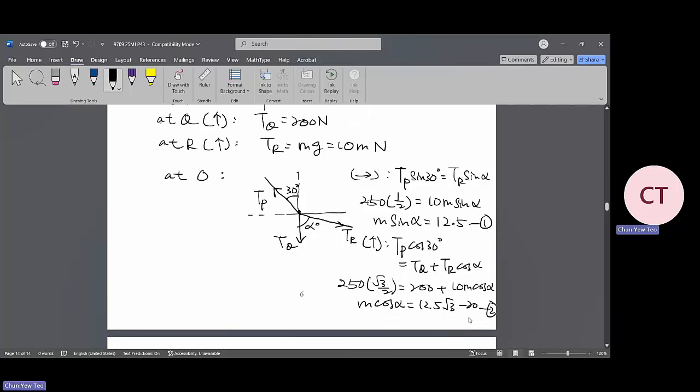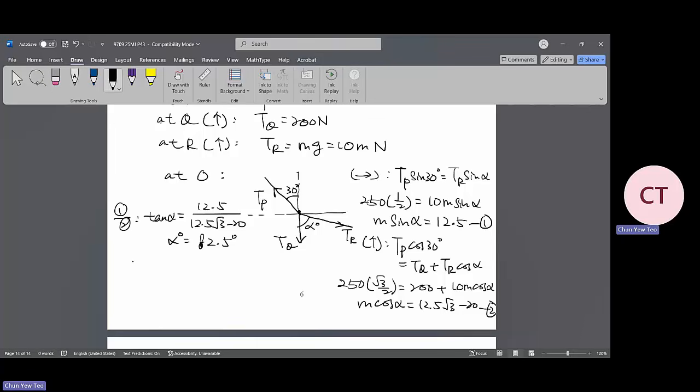So I want to find m and alpha. I think I find alpha first. Equation 1 divided by equation 2, you will get tan alpha is equal to 12.5 divided by 12.5 root 3 minus 20. Press the calculator, you can get alpha is 82.5 degrees.